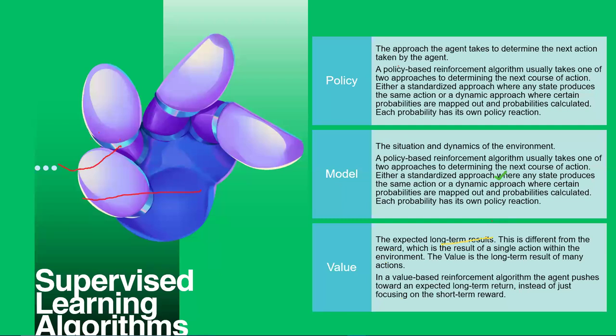Now, rewards are like what we give the model as, oh, you tried, next time from this place, take a different direction. And so we keep on doing this process over and over until we are able to hit the expected value, which is the long-term result.